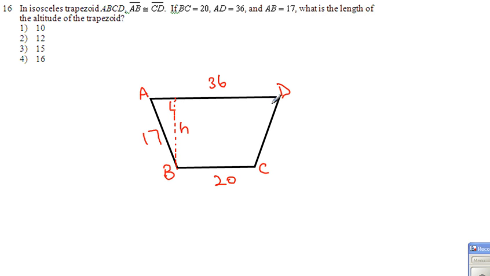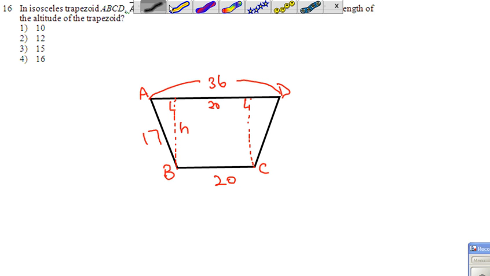But when you look at the isosceles trapezoid, one good thing is that when you cut both ends, the middle portion will be equal to 20, but the whole thing must be 36. That makes each side another value. So 36 minus 20 is 16, but it has to be separated into two locations, so each one will be equal to 8.